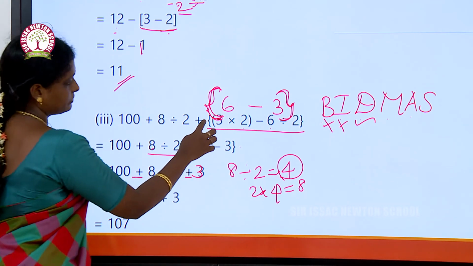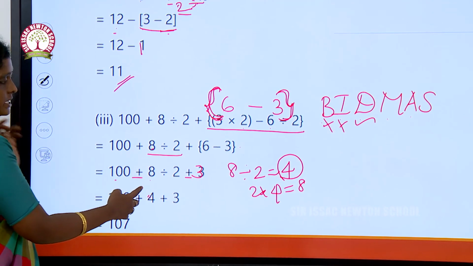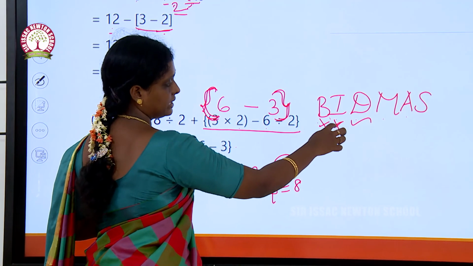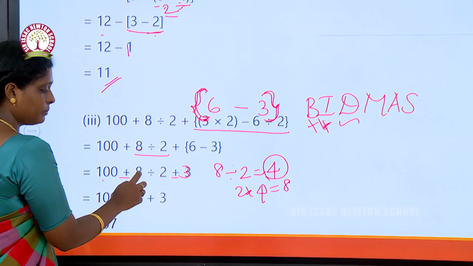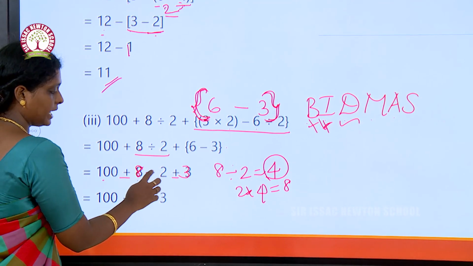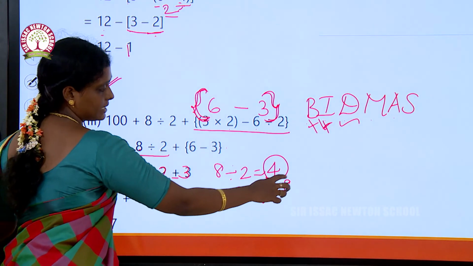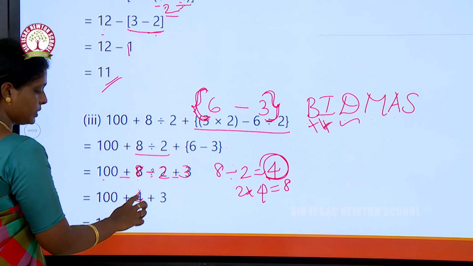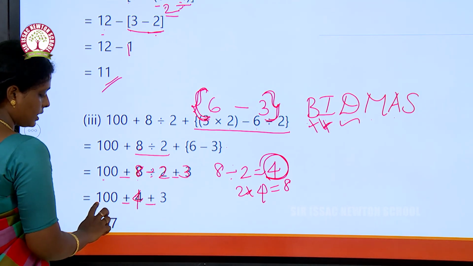Okay, see, after completing the brackets we have to do the next operation. So we are here, we don't have indices. So I am going to divide the numbers. Here we have to divide 8 by 2. So if we divide 8 by 2 we will get 4. So here the operations are same.